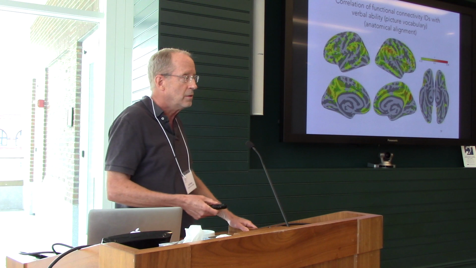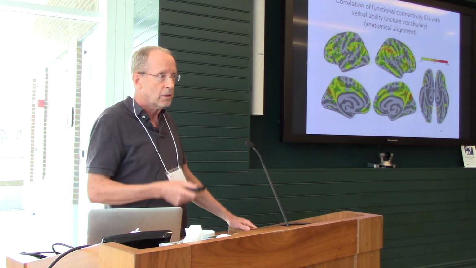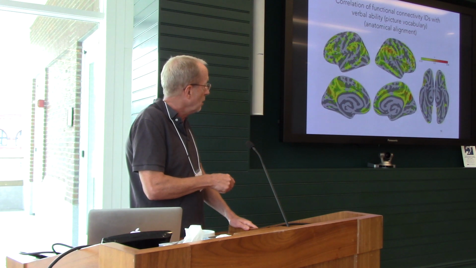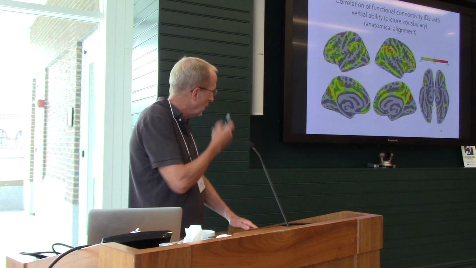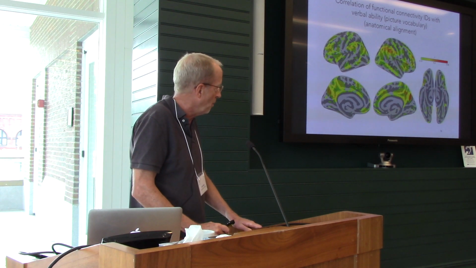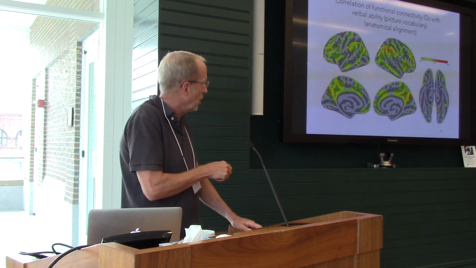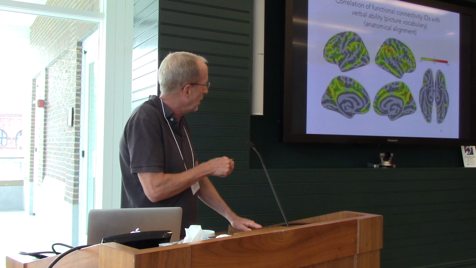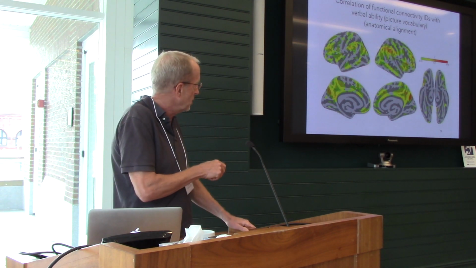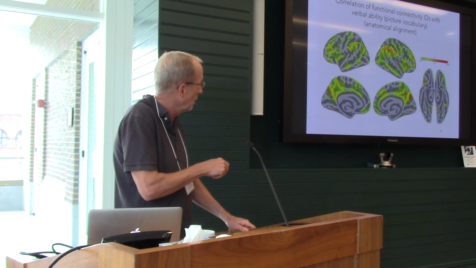And then, do these differences mean anything? Fei Long took data from the Human Connectome Project, did a hyperalignment, looked at individual differences in their connectivity profiles, and tried to correlate that with performance on a psychometric measure of verbal intelligence. This is the map of correlations between connectivity patterns and picture vocabulary.